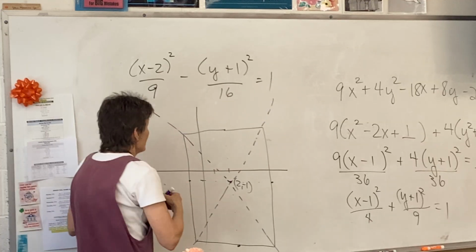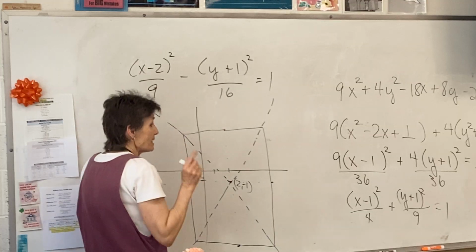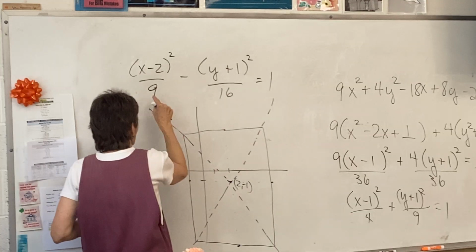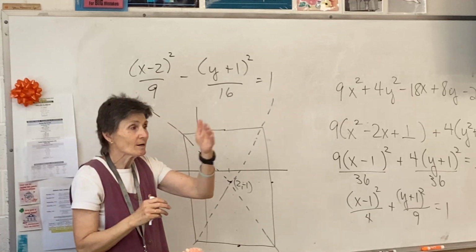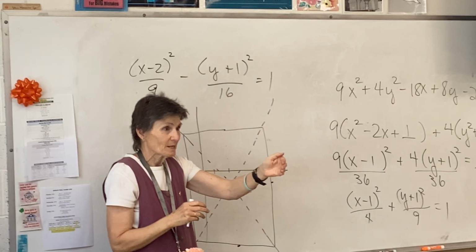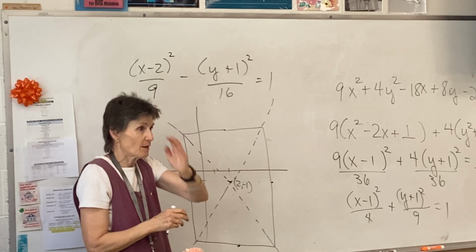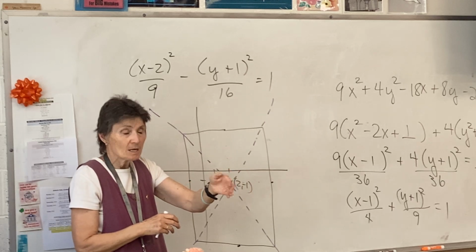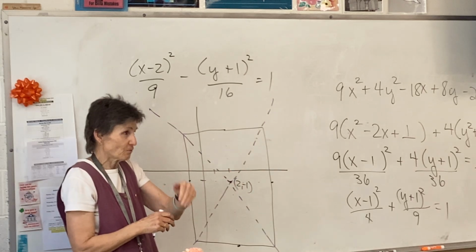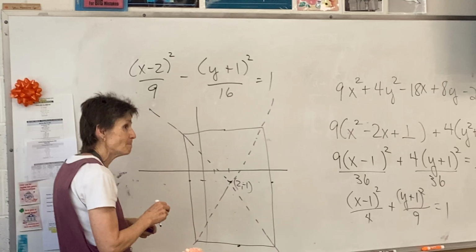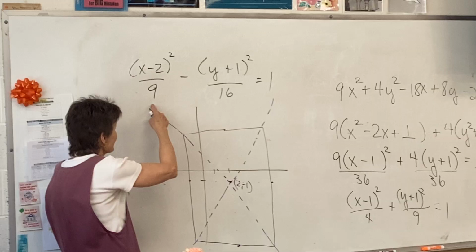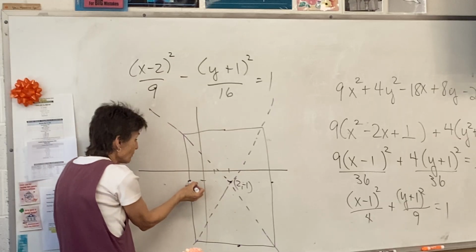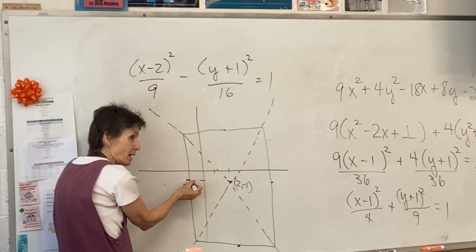Now, in a hyperbola, the letter that comes first matters. So x squared minus y squared is a different shape than y squared minus x squared. Whatever letter comes first in the hyperbola is the direction it opens. So since x comes first, remember this point you plotted right here and you did a box through?